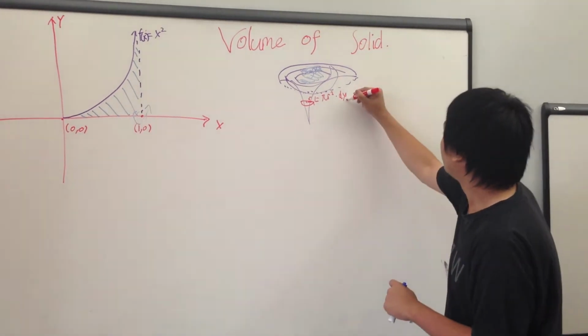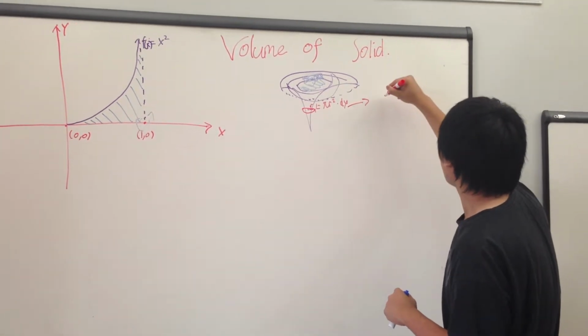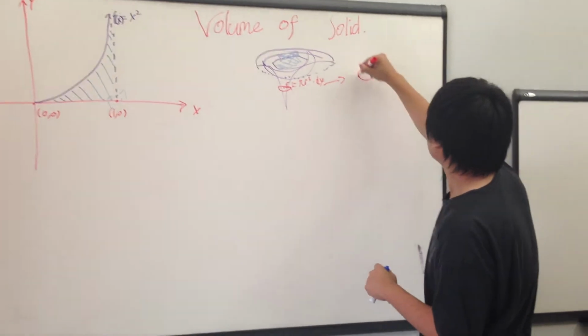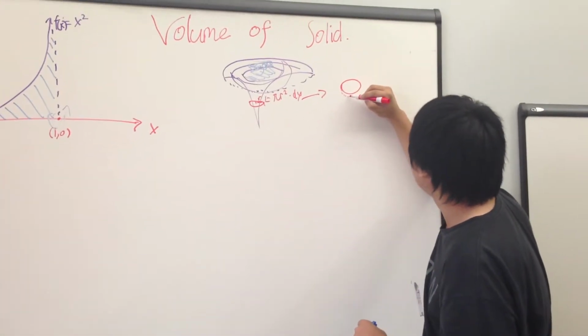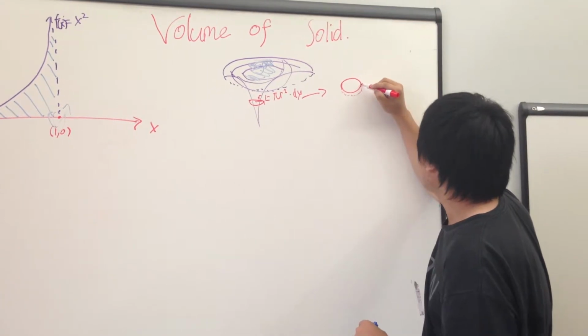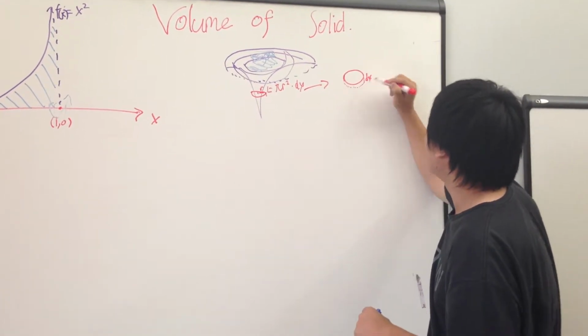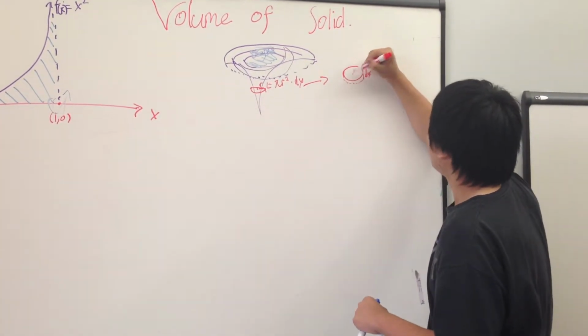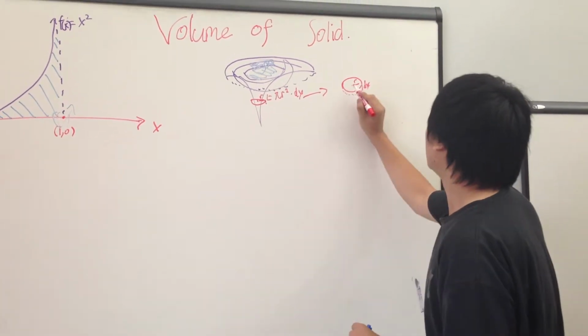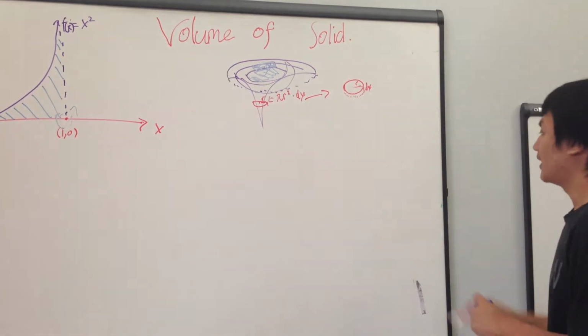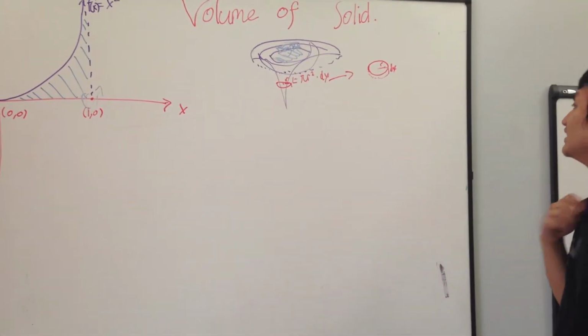So to visualize this, we have a small cylinder, and the height of the cylinder is dx, and the area is pi r squared, where r is the radius. You can see this.